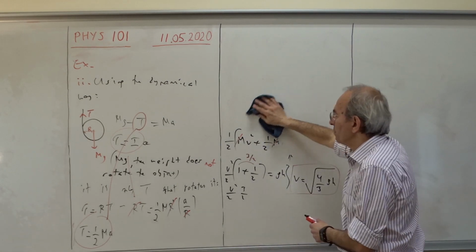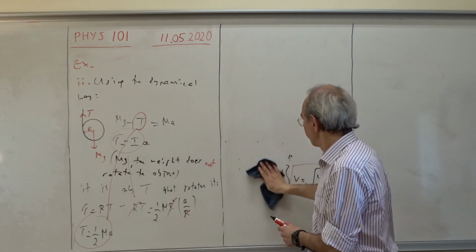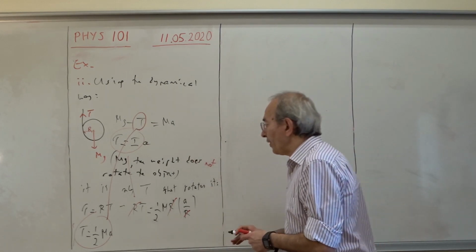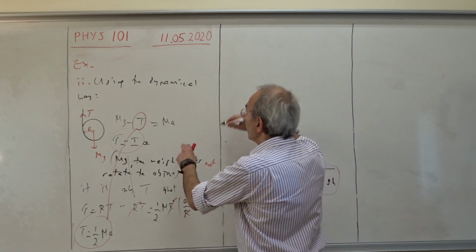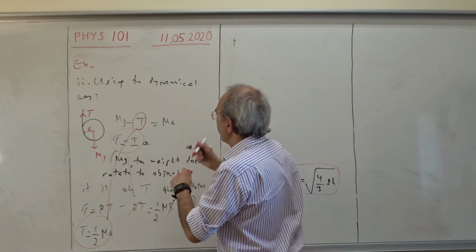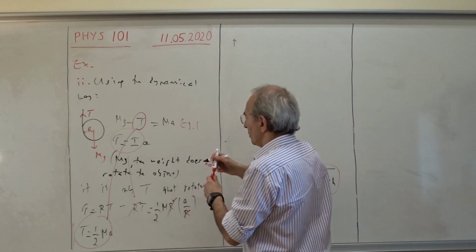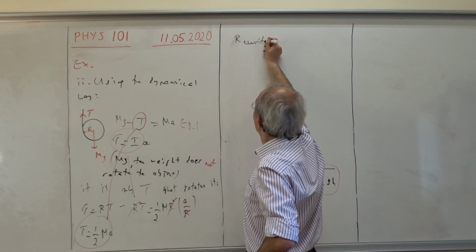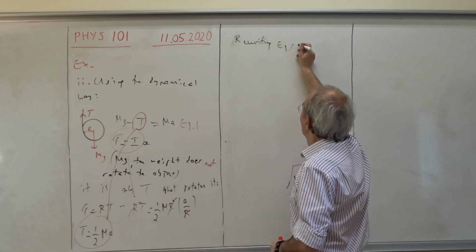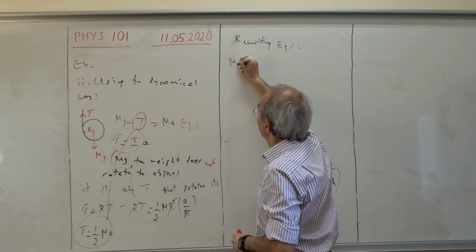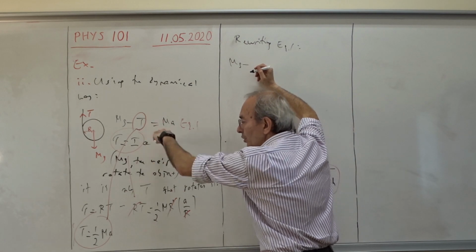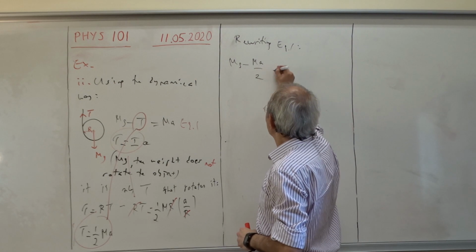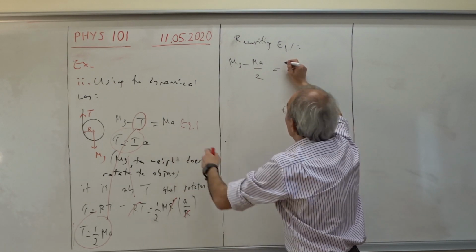Let me again keep it on the board to compare the results. Alright, then the acceleration turns out to be, rewriting equation 1 here, mg minus tension T, but instead of T I write ma over 2, is equal to ma.